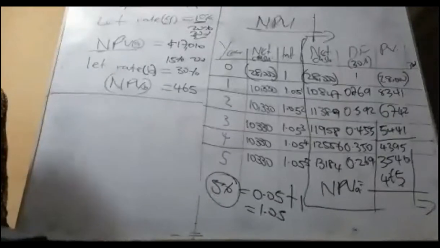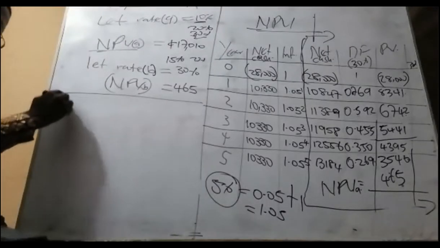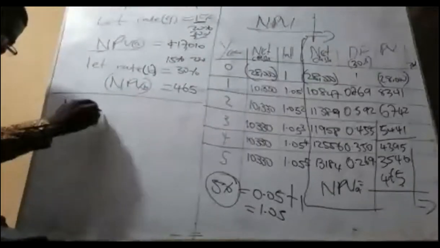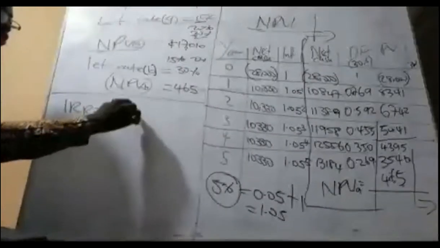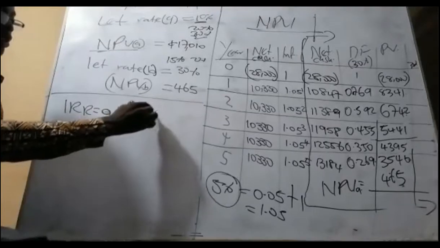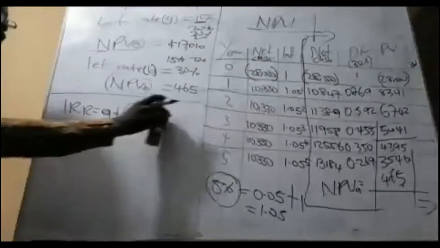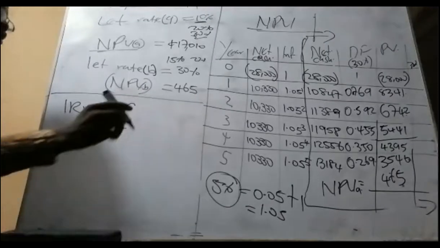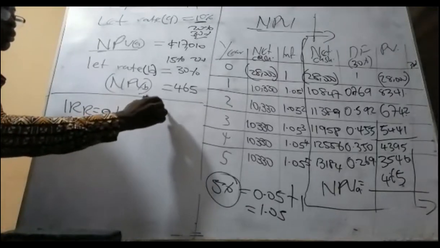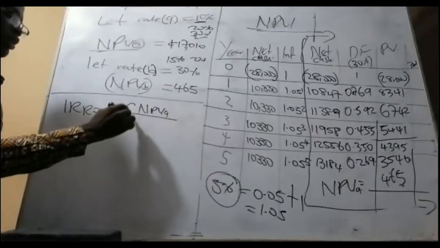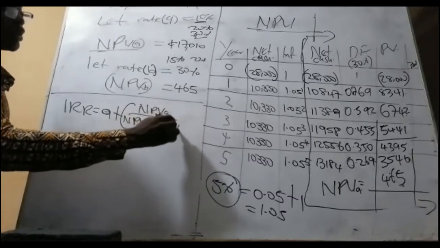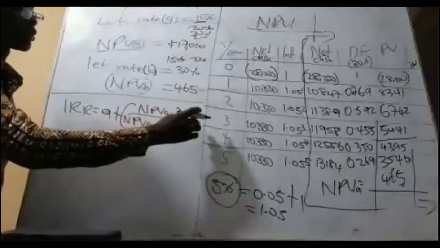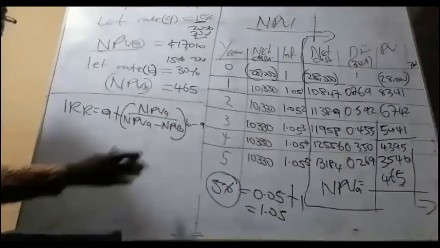So what I'll do is I'll tell the examiner that the internal rate of return is nothing but the first rate that I guessed, plus open a bracket, the first NPV, NPVA, all divided by NPVA minus NPVB, and here B minus A. That's the internal rate of return.